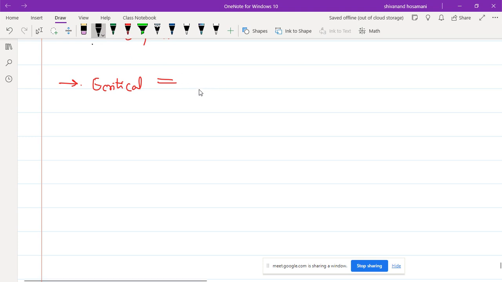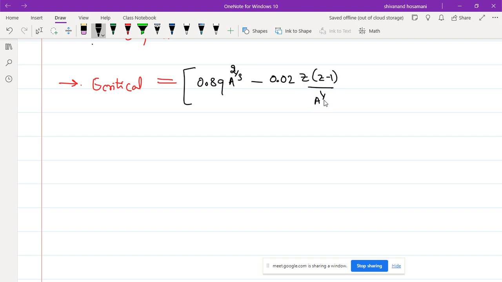ನ್ಯೂಕ್ಲಿಯಸ್ odd ಅಥವಾ even ಅನ್ನೋದ್ರ ಮೇಲೆ ಡಿಪೆಂಡ್ ಆಗ್ತದೆ. That is, the critical energy is given by the formula 0.89 times e to the power of 1 2 by 3 minus 0.02 times z minus 1 divided by a to the power of 1 by 3. ಈ ಕಂಪೌಂಡ್ ಗ ಕ್ರಿಟಿಕಲ್ ಎನರ್ಜಿ ಎಷ್ಟು, ನ್ಯೂಟ್ರಾನ್ ಅಟ್ಯಾಕ್ ಮಾಡ್ತಾರೆ, ಬಂಬಾರ್ಡಿಂಗ್ ಆದ ನಂತರ ಎಷ್ಟು ಮಿನಿಮಮ್ ಅಮೌಂಟ್ ಆಫ್ ಎನರ್ಜಿ ಇದ್ರೆ ಅದು ಎಮಿಟ್ ಆಗ್ತದೆ.